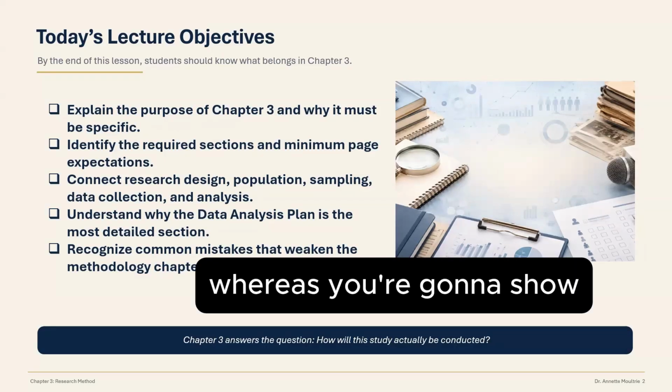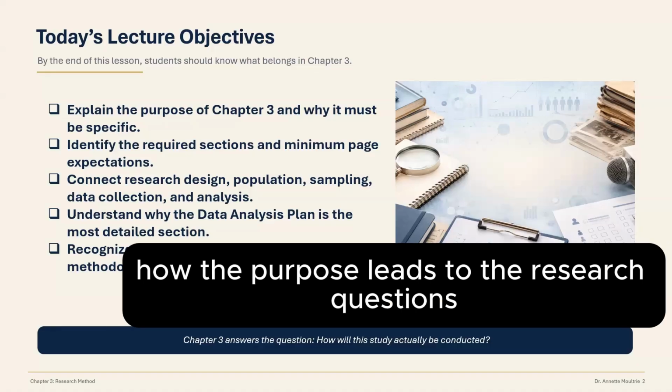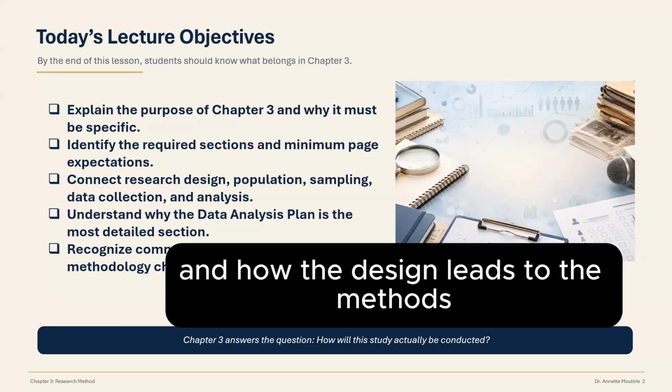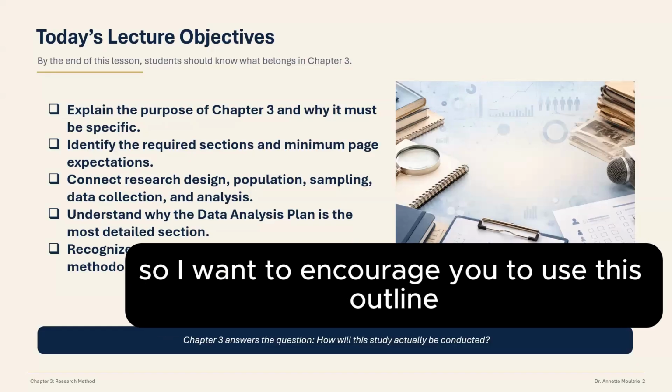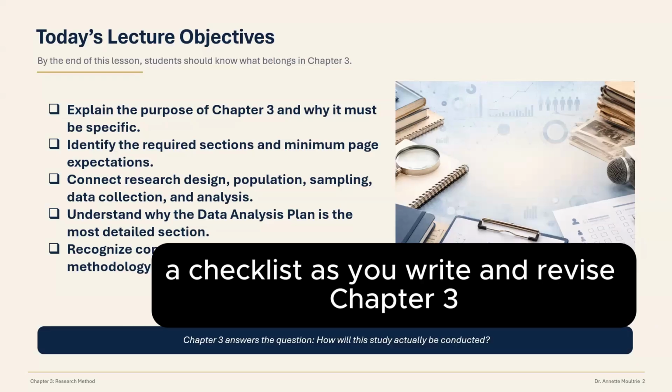You're going to show how your research problems lead to the purpose, how the purpose leads to the research questions, how the research questions lead to the design, and how the design leads to the methods. So I want to encourage you to use this outline as a checklist as you write and revise Chapter 3.